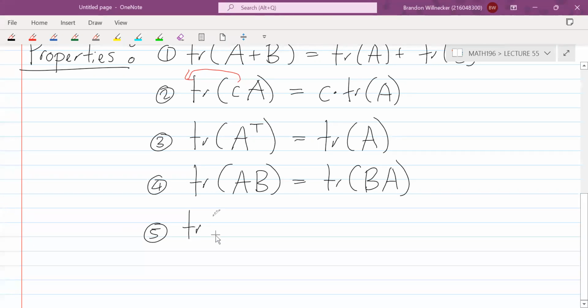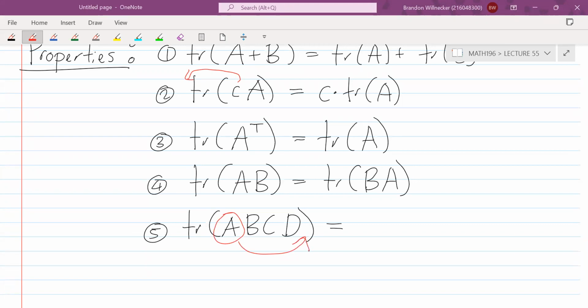If we have the trace of A, B, C, D, and this can continue, this is equal to, and now we call this a cyclic property, a counterclockwise rotation of the elements. So you take A, which was in the front, and you move it to the back like that.